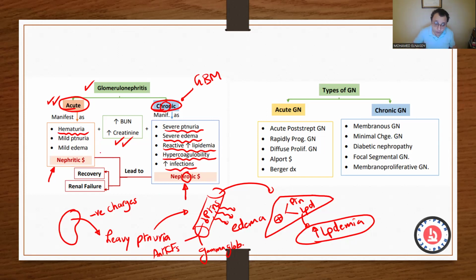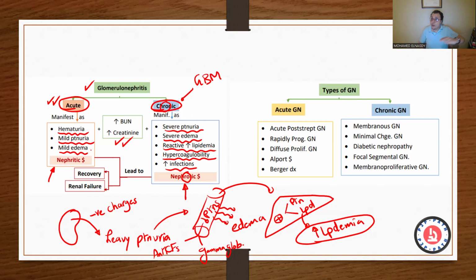There is proteinuria, but the proteinuria is mild, because here the injury is severe enough to the point that you are getting an oliguric patient. The patient is getting oliguria, and there is not that much urine output, not that much protein is going out. So the patient will have mild edema with significant hematuria, mild proteinuria.